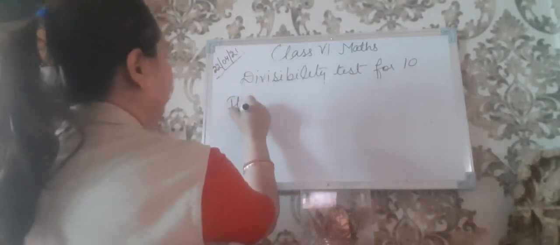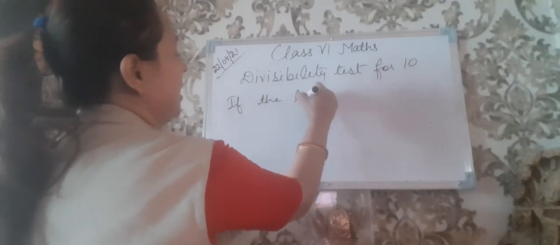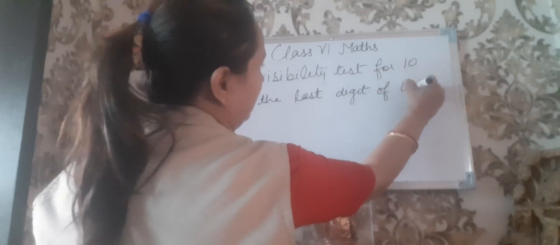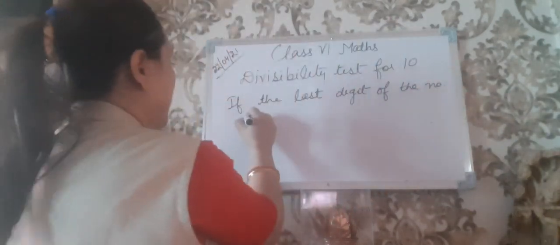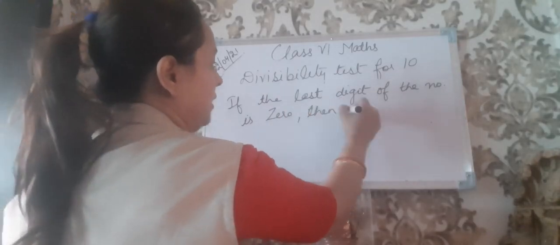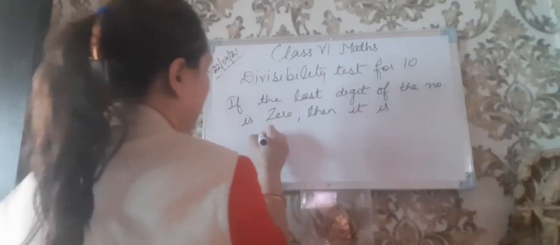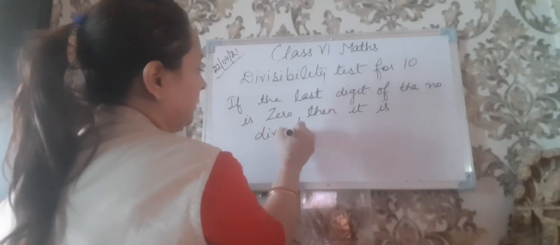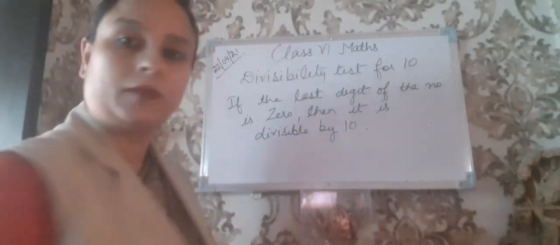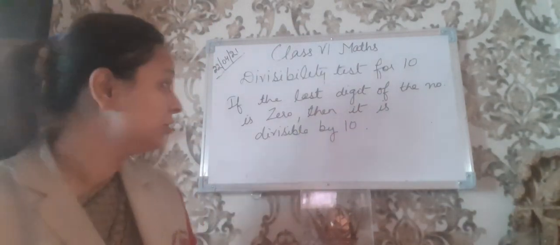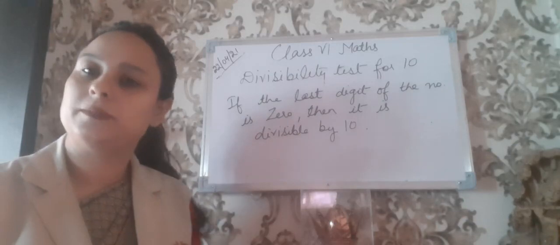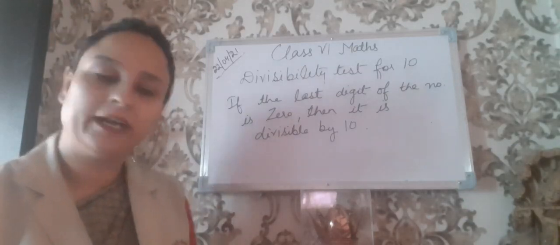So if the last digit of the number is 0, then it is divisible by 10. Understand? Fine?